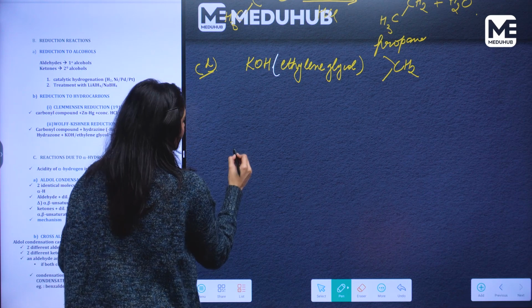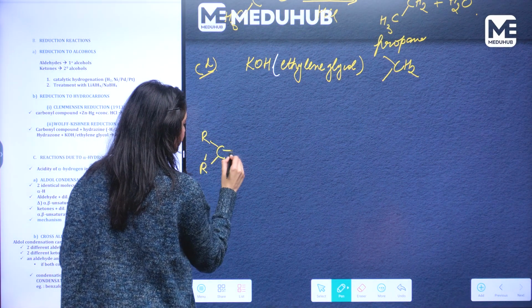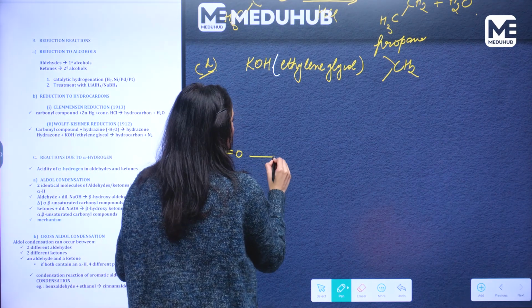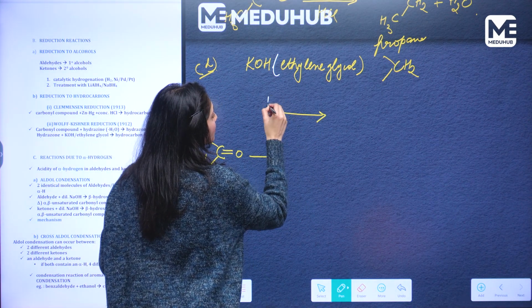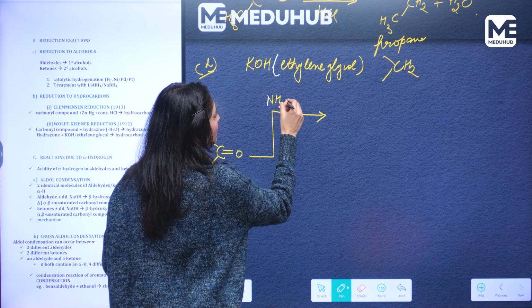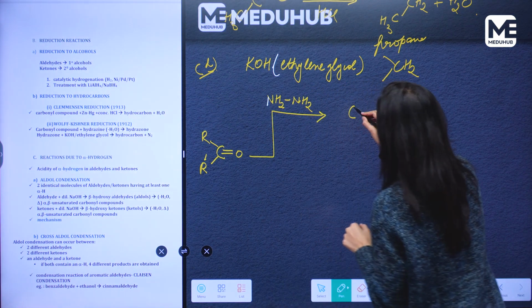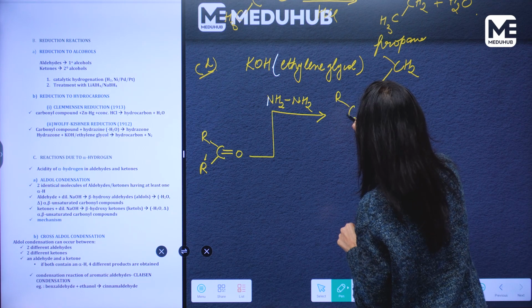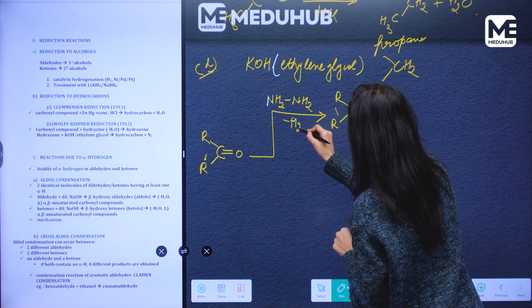So if we have a carbonyl compound like this, it can add on hydrazine and we will get a hydrazone here with a loss of water molecule.